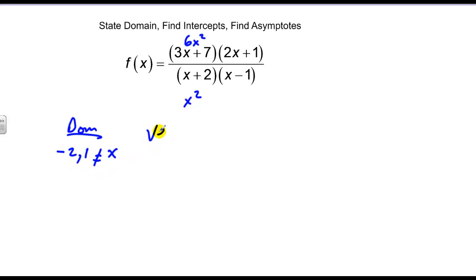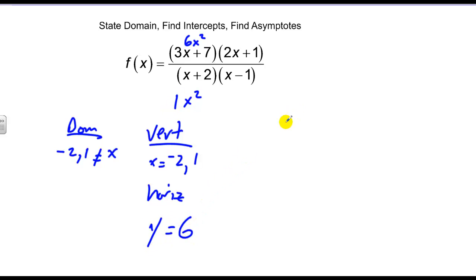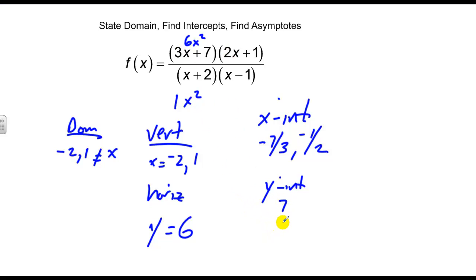The verticals are going to be x equals -2 and 1. My horizontal, as I stated before, my degrees match, so I take my leading coefficients of 6 and 1, divide those, so y equals 6 is my horizontal. X intercept, set the numerator equal to 0, so I get -7/3 and -1/2. My y intercept, basically just set x equal to 0. In doing so, I get 7 on top, and on the bottom I get -2.